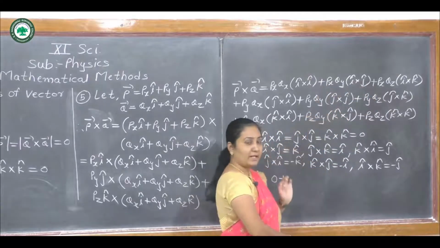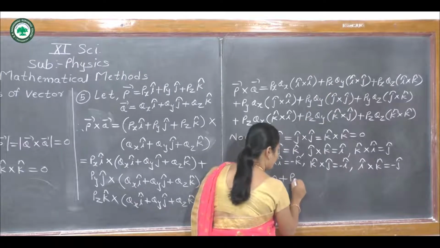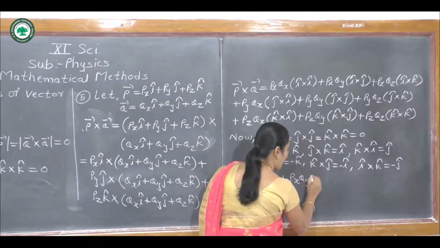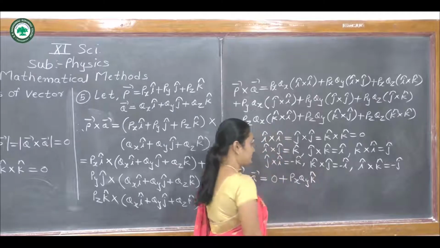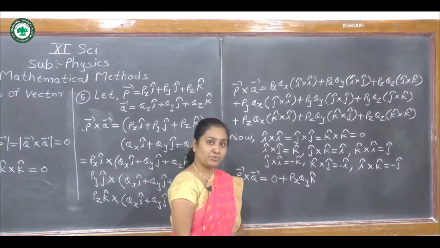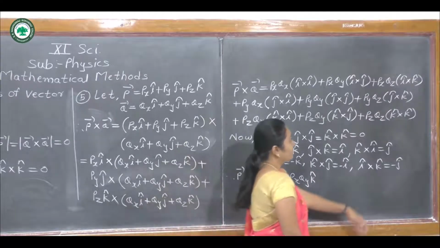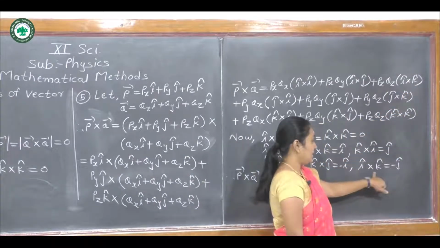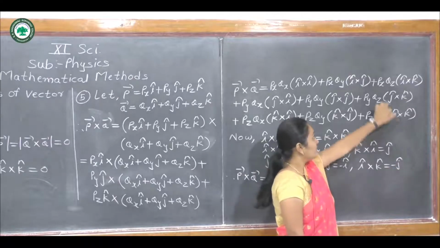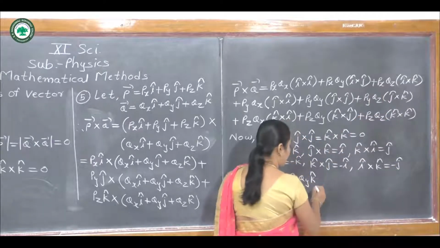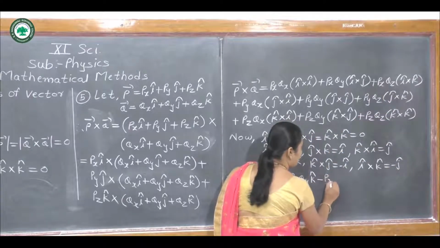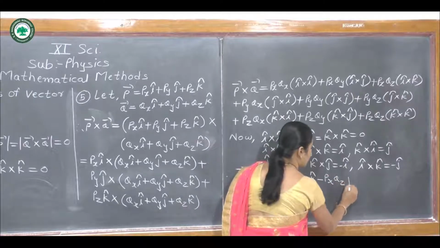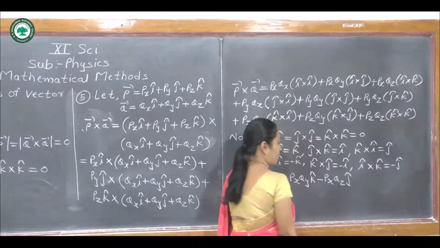So we can write here px qy k cap. Then i cap cross k cap is minus j cap. So here we can write minus px qz j cap.